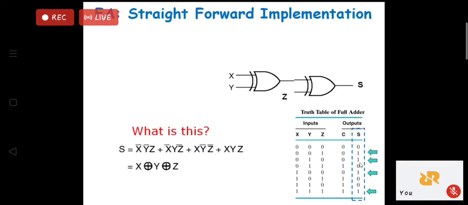Then we have discussed the carry portion. Carry is 1 at x dash y z, then x y dash z, x y z dash, and x y z. So similarly, I have written the carry term as x dash y z, x y dash z, x y z dash, and x y z.